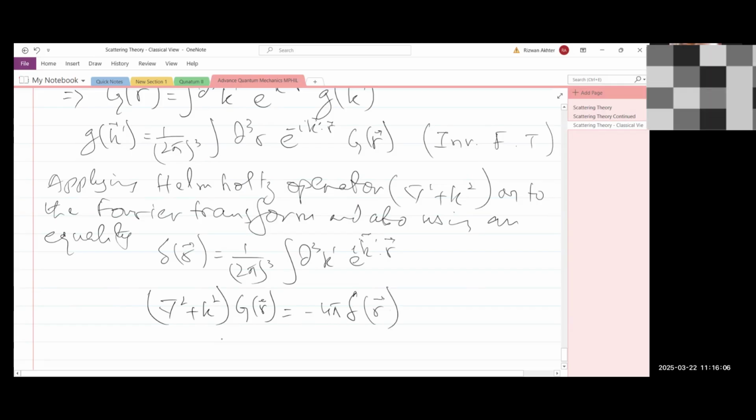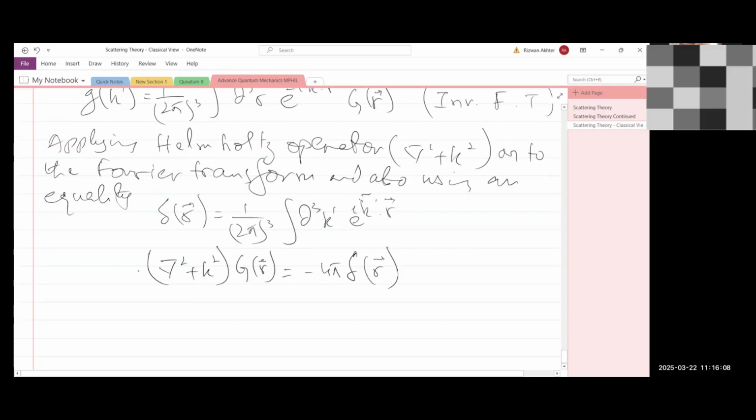And this would basically result in minus k prime square plus k square.